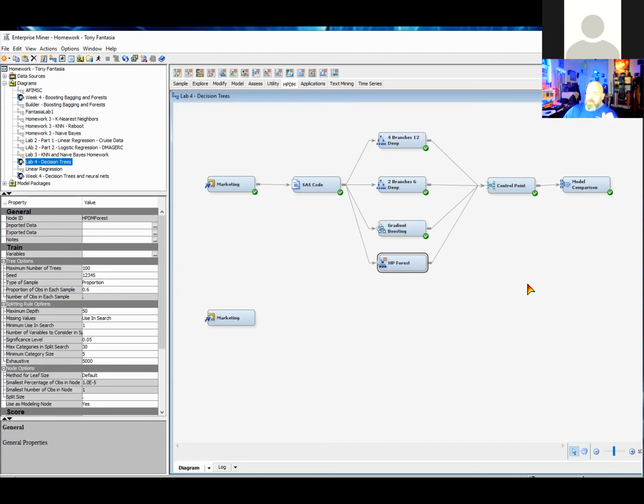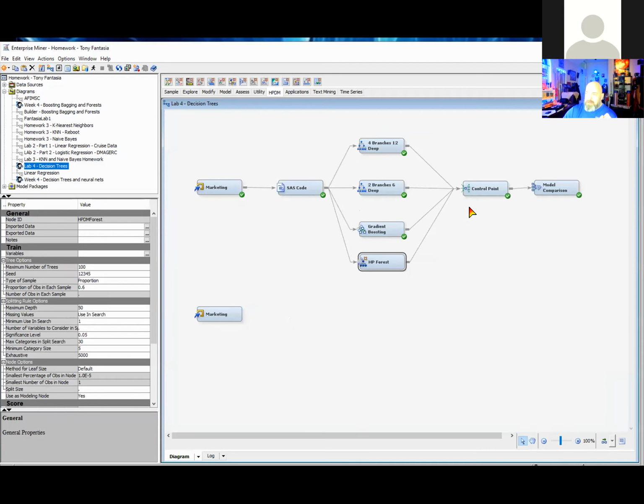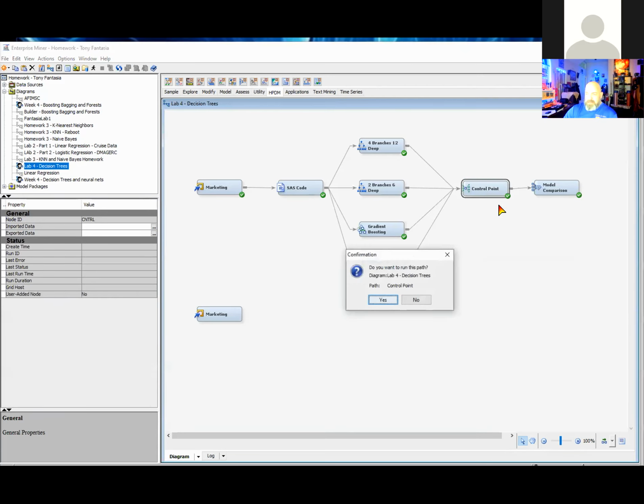So when I ran it, I did like I did like the previous model, and I brought in the control node, the control point, and ran all 4 models from that control point like this, just so I can replicate what I did.